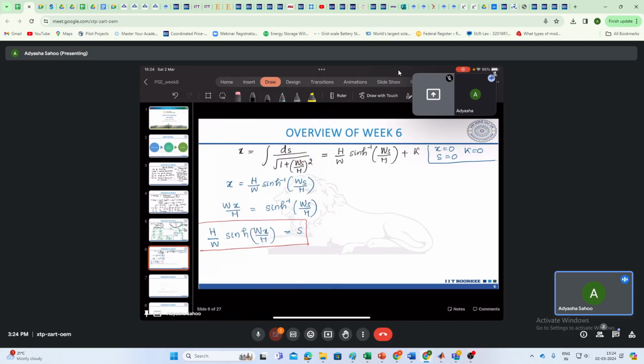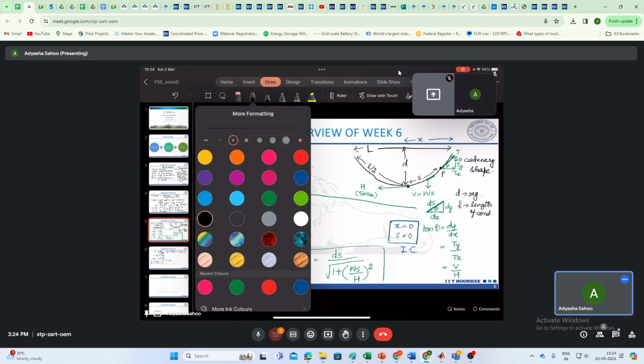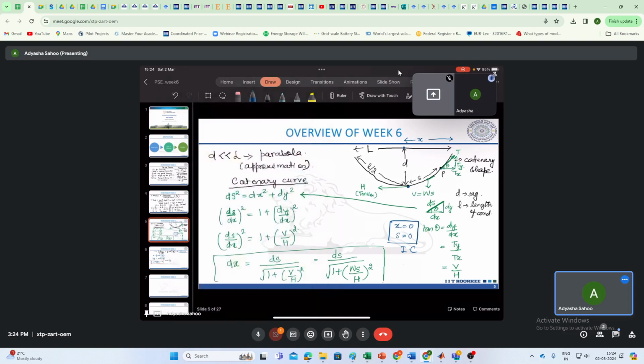So from here, whenever x is L by 2, means you have reached to this point, right? So when x will be L by 2, this is L by 2, then your s will be this whole, right? That is, s will be your length of conductor by 2.